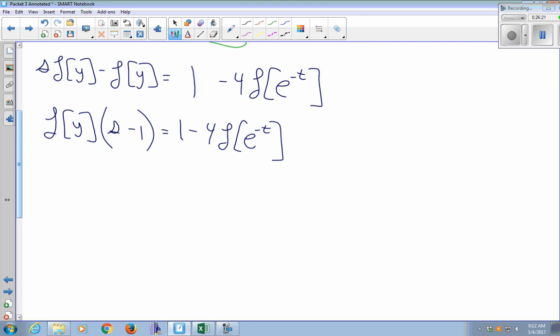That's e to the at, which was 1 over s minus a. So this is going to be 1 minus 4 times 1 over s minus a. In this case, a is a negative 1. It doesn't say e to the at, it says e to the negative 1t. So I use negative 1 for a.